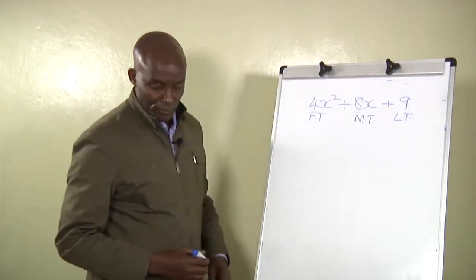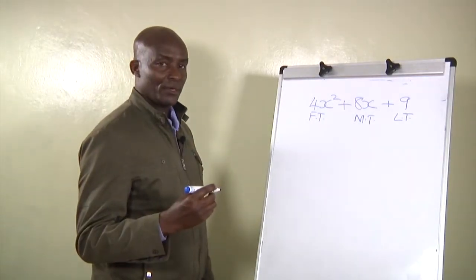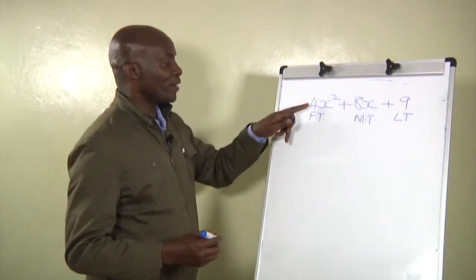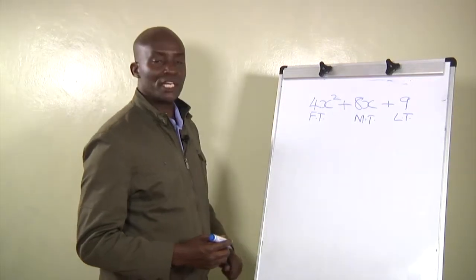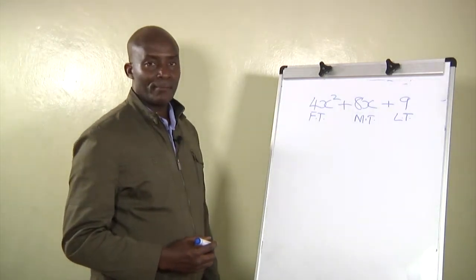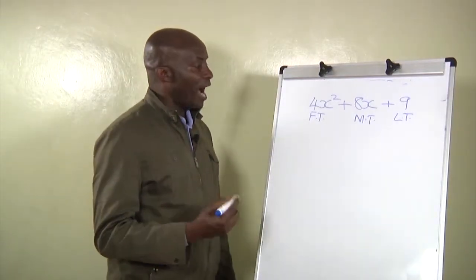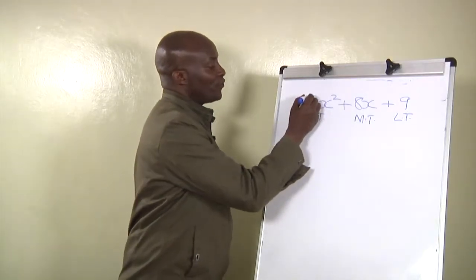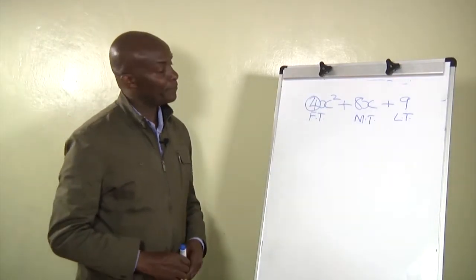Now, we stopped with the first method, if you remember, that is when the quadratic term has a coefficient equal to 1. But today, we are going to talk about how do we complete the square if the coefficient of the quadratic term is not equal to 1.